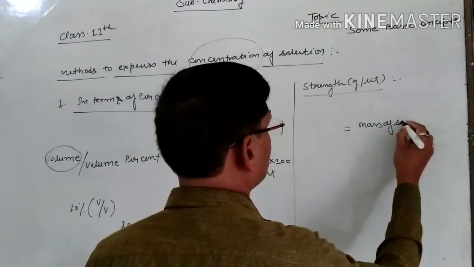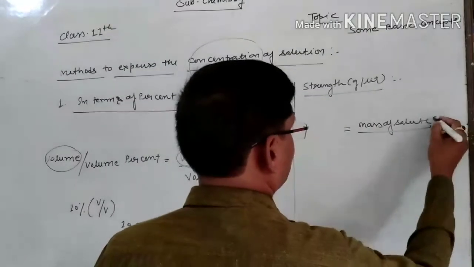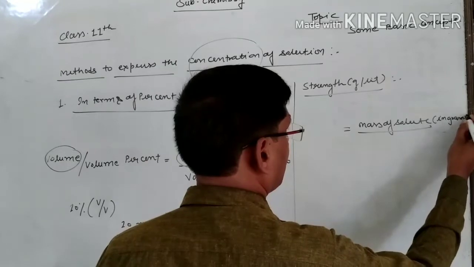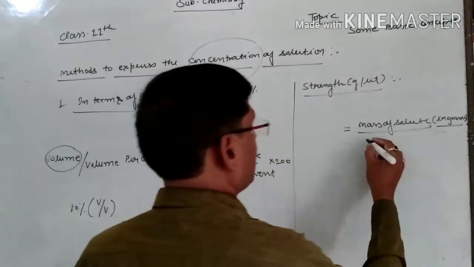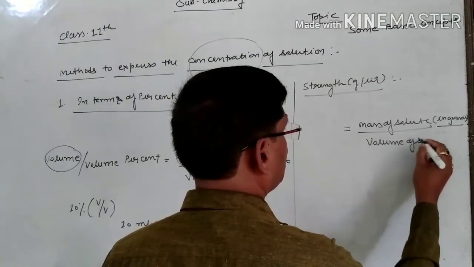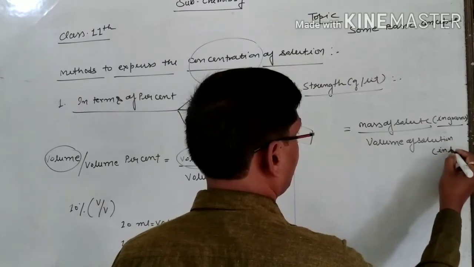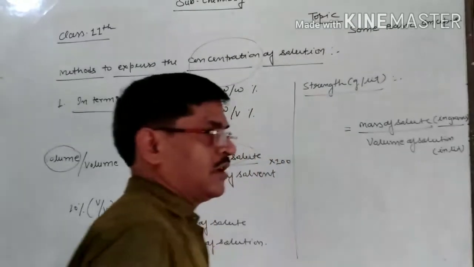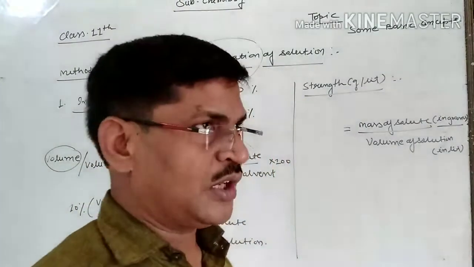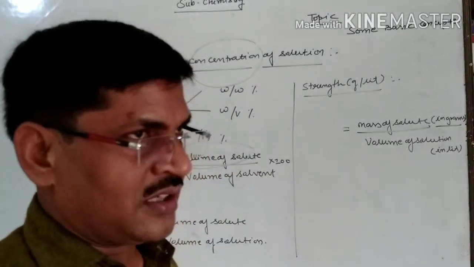Mass of solute in grams upon volume of solution in liter. So in this way the strength of a solution is written here and you can represent concentration of a solution.